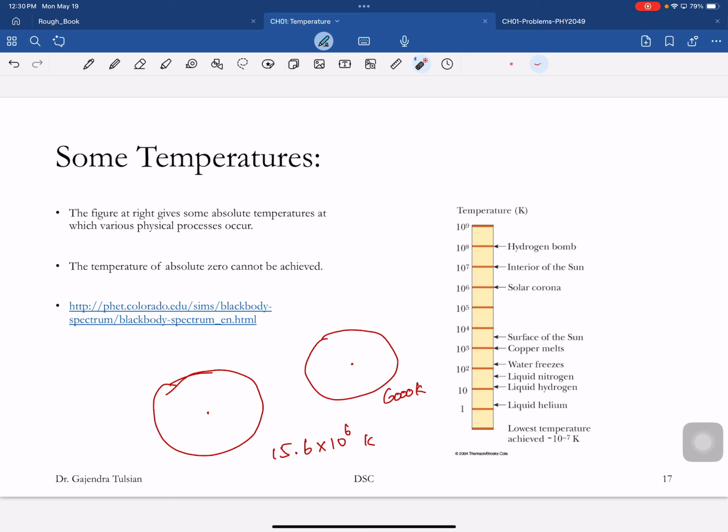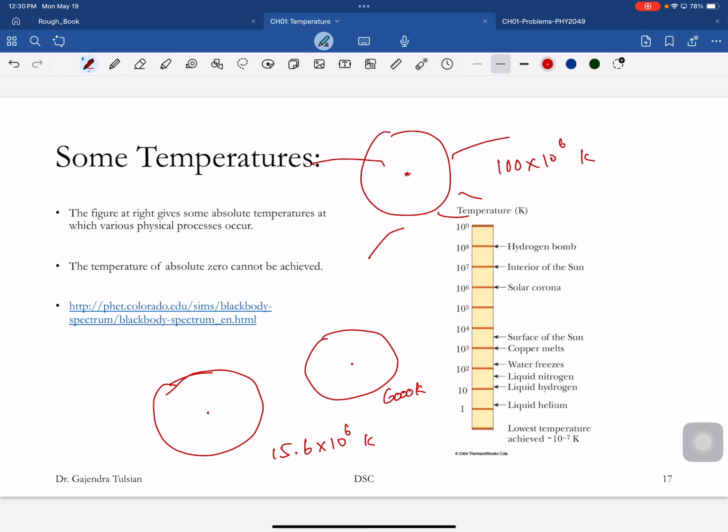I can tell you about that. Look at this. You explode a hydrogen bomb, the temperature is 100 million degrees Kelvin. So here's a bomb that has exploded, and there the temperature is 100 million degrees Kelvin.